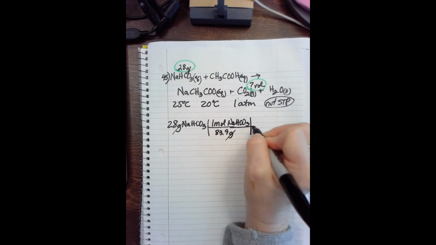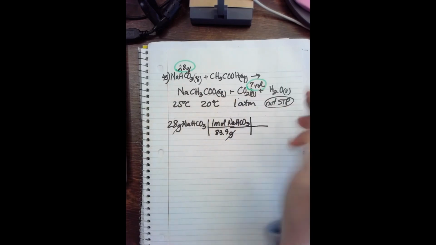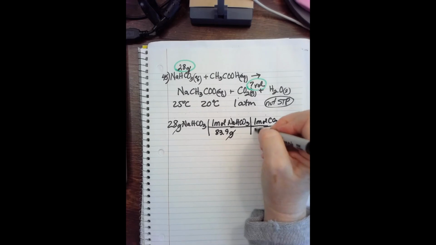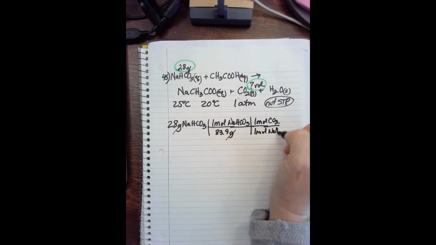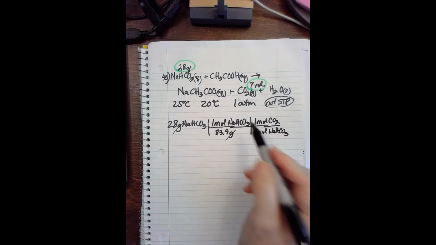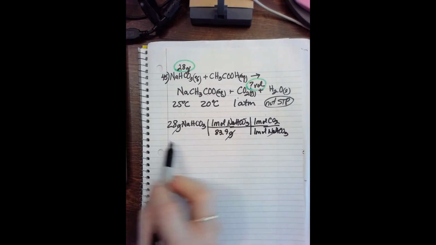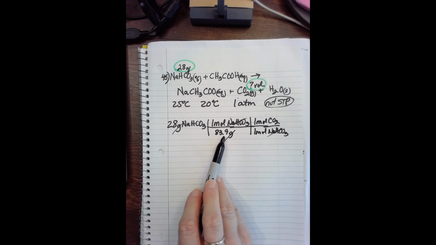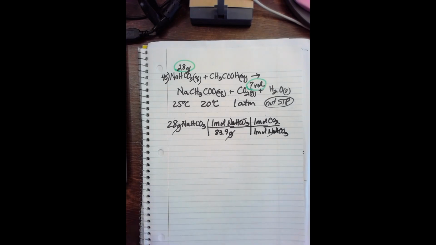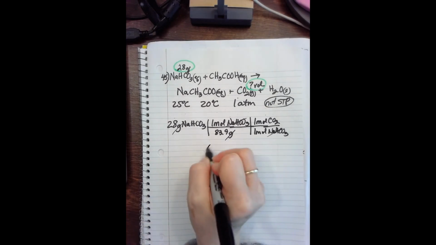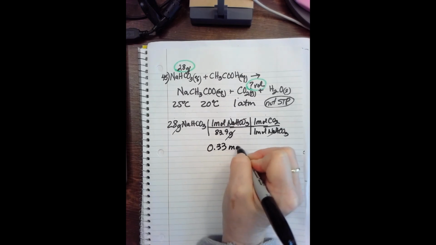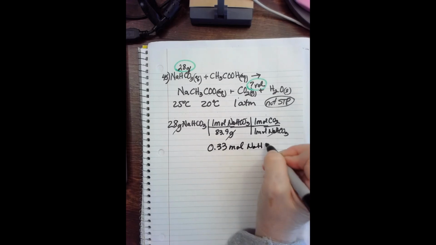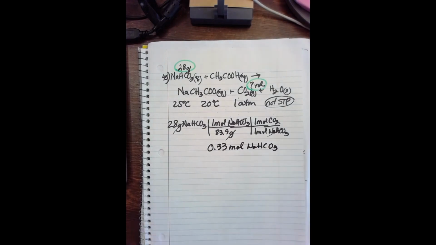Then the next thing I'm going to do is use my mole ratio. So 1 mole of CO2 over 1 mole of NaHCO3. All right, so that's going to cancel. So now I'm going to take 28 divided by 83.9, and that's going to give us 0.33 moles of NaHCO3.